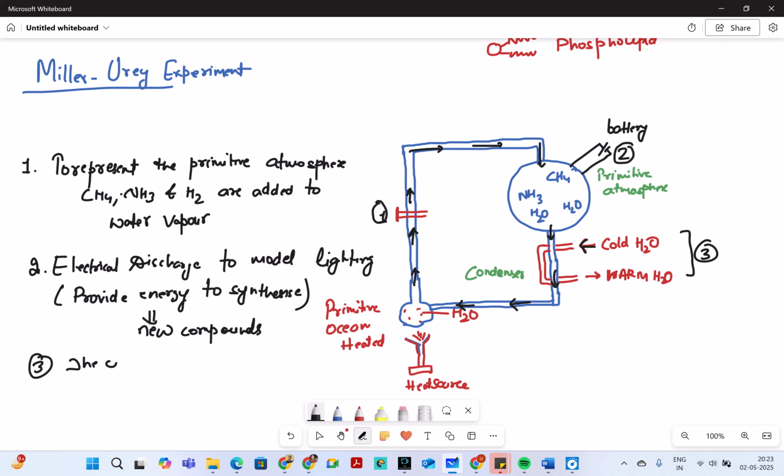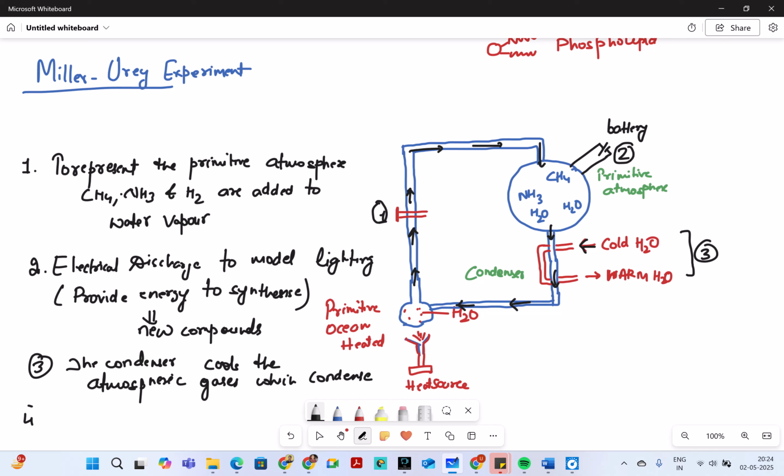So you can say that the condenser cools the atmosphere or atmospheric gases, which condense.